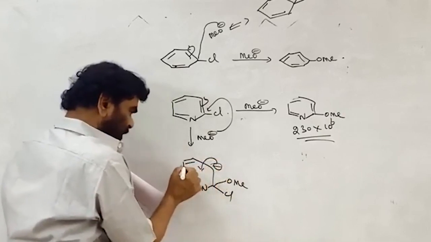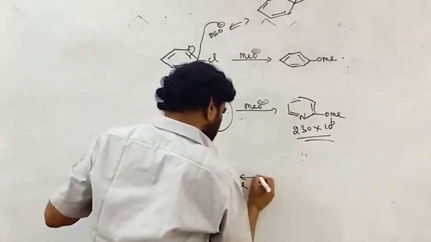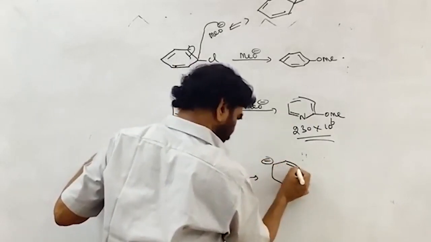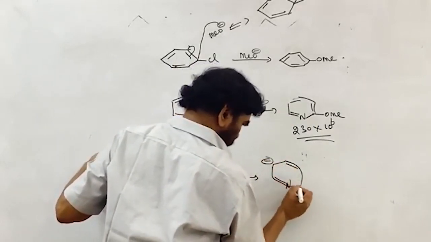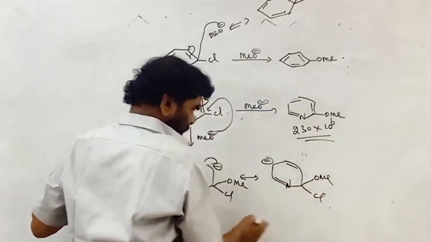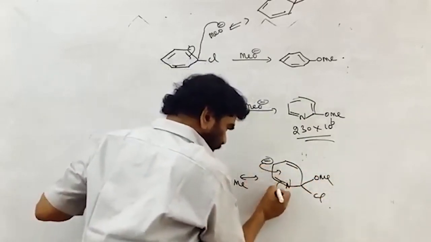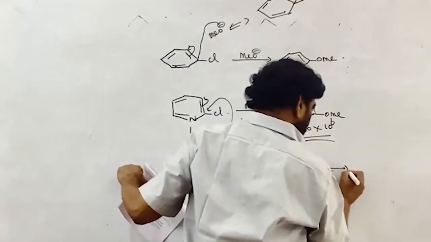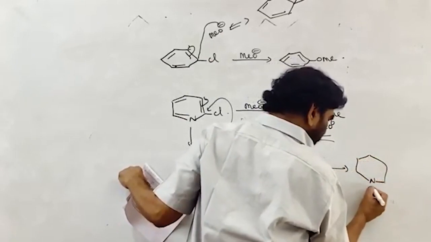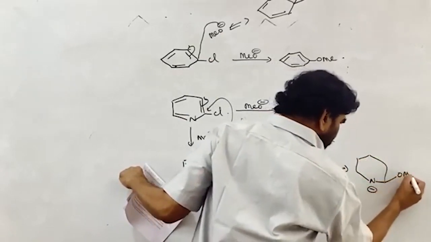Now if you write the resonance structures, the next resonance structure is this, and the next is this. In one of the resonance structures, the negative charge is on nitrogen.